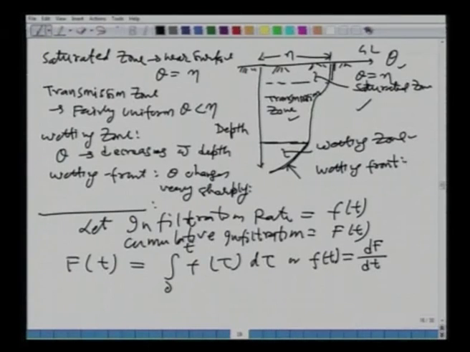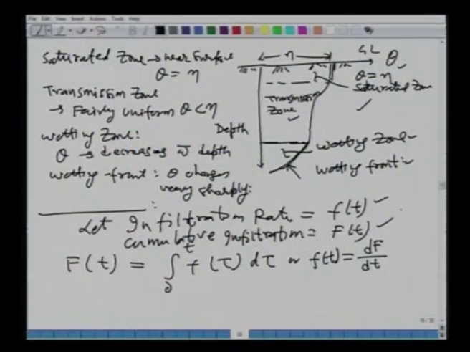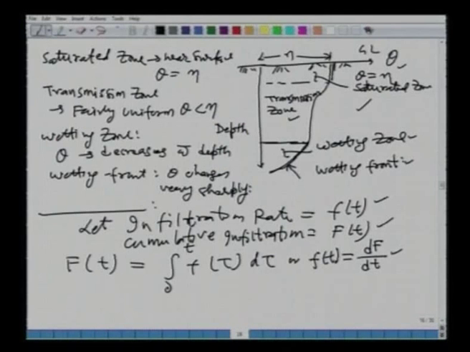The wetting front is where the moisture content decreases abruptly, and it marches downwards as a function of time during a rainfall event. Then we defined the infiltration rate and the cumulative infiltration, and said that one is the cumulative of the other, so once we know one of them, the other can be calculated.